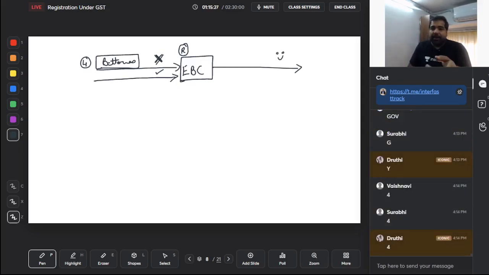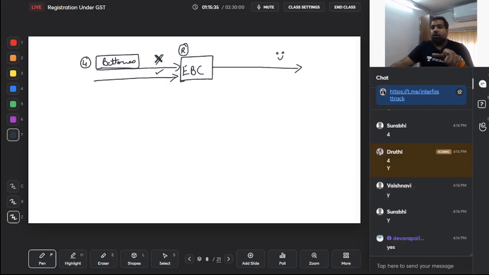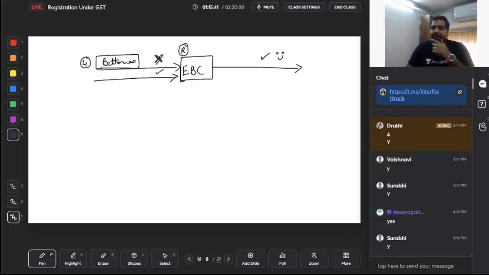Guys, will these batteries now be sold after today? Yes, through bikes only, but will they be sold? Yes. And when they are sold, will the government get GST? Yes. So they told the government that, government, listen, can I take credit of these 4 batteries? I have the invoice, I know how much GST I have paid, can I take the credit? Guys, do you think the government will allow it? Yes, because they are very happy and it's logical, guys.